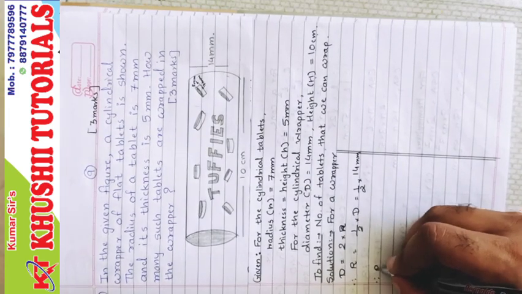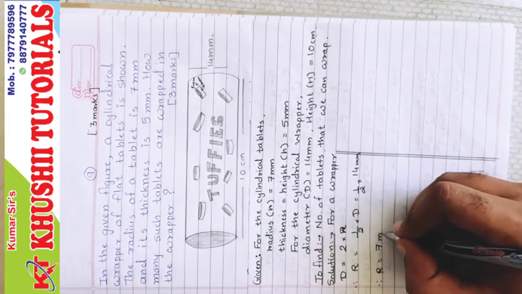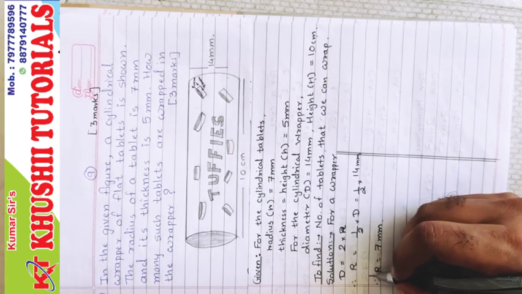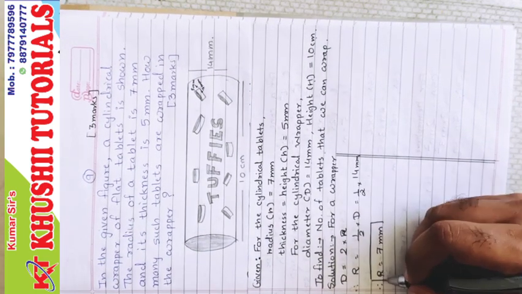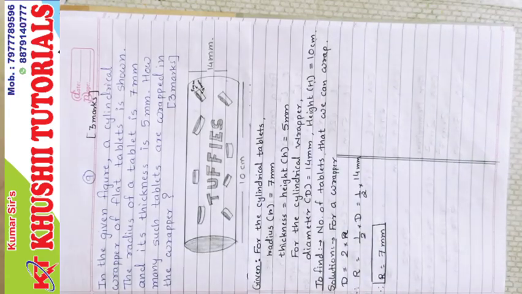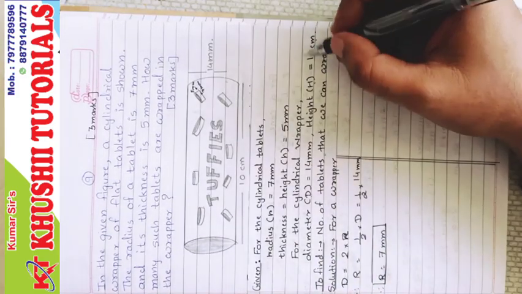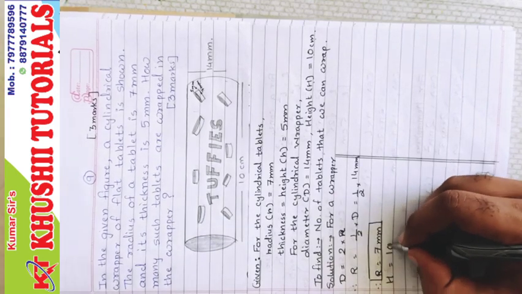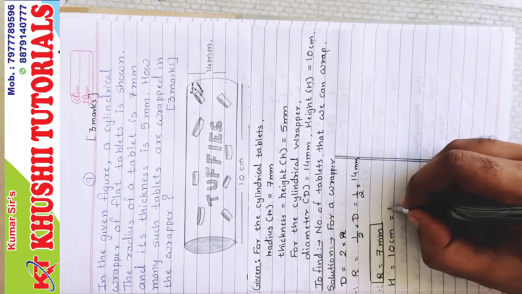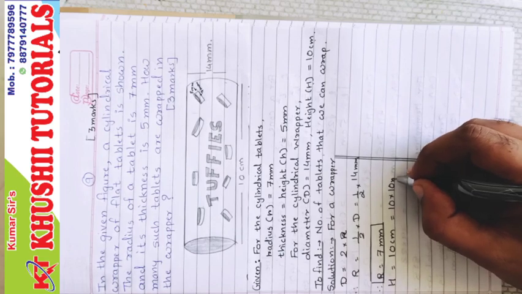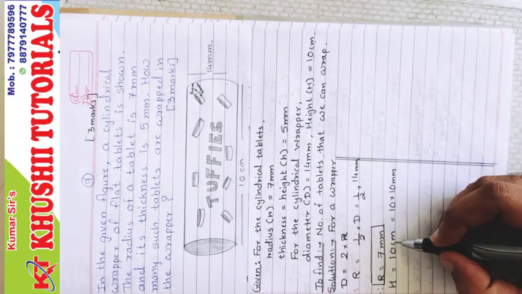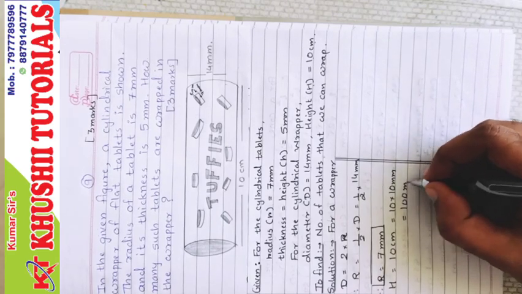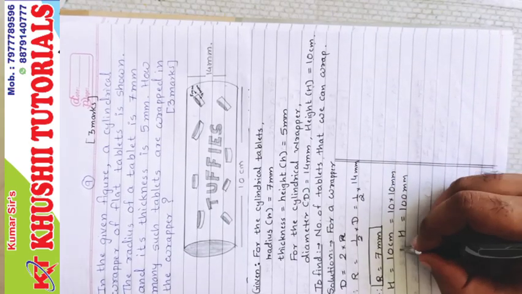Therefore radius is 7 millimeter. So we got the radius. The next, height we need to convert into millimeter. So height equal to 10 centimeter equal to 10 into 10 millimeter, because 1 centimeter is 10 millimeter, equal to 100 millimeter. That is the height.